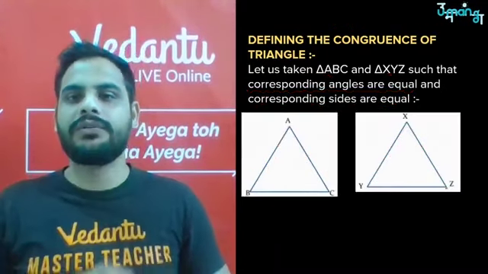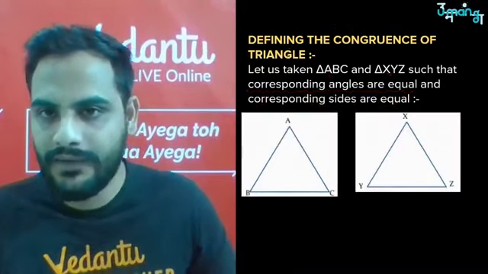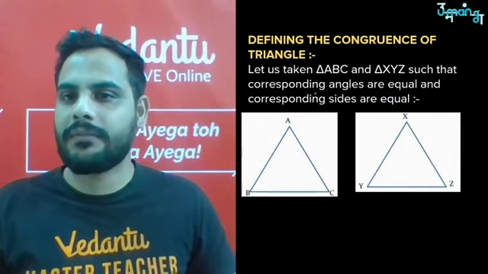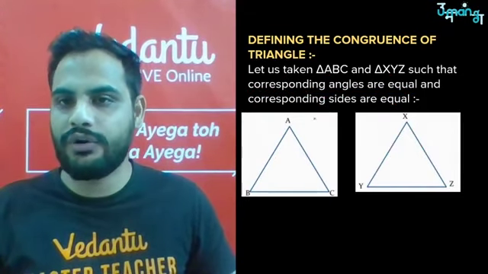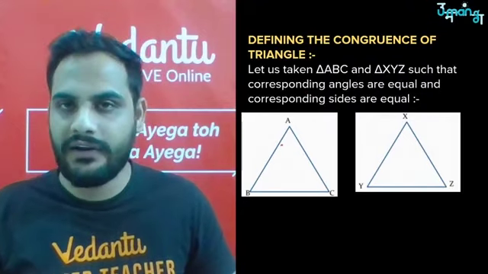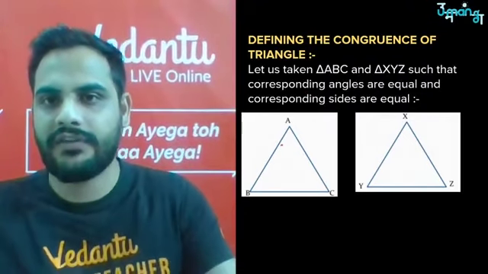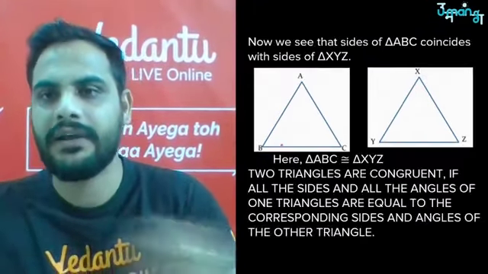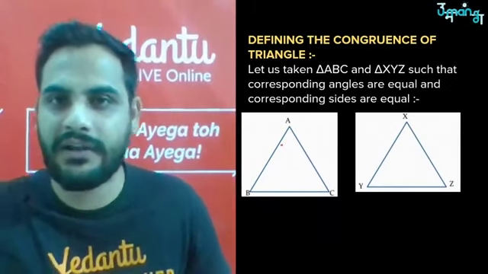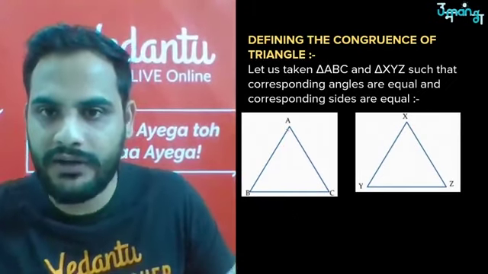Remember, beta, whenever the triangles are congruent, as I've told you, corresponding sides and corresponding angles are equal. Okay, that has been discussed. After that, understand the next part. How do you get the corresponding sides and corresponding angles?